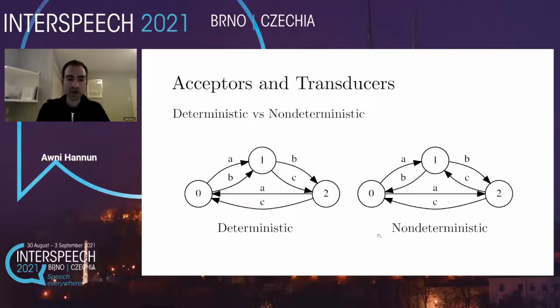So if you look at this non-deterministic automaton, from state 0 you have two arcs, both labeled A, leaving state 0. That means that it's ambiguous which arc to follow. Or another way of interpreting it is you follow both arcs at the same time. It's non-deterministic.